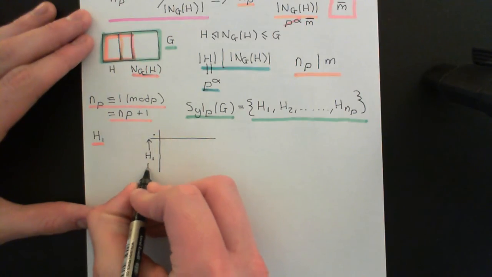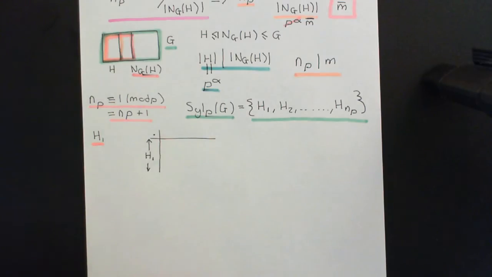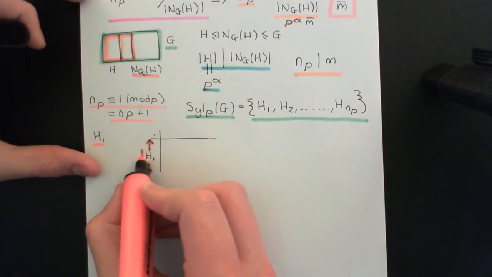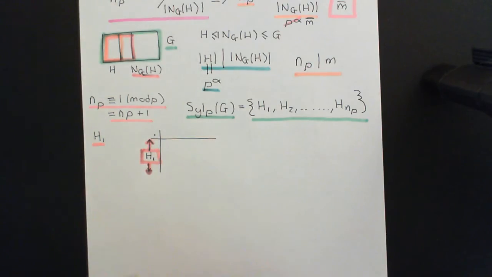So here now is our Sylow p-subgroup of capital G. We've got rid of loads of rows in the group action composition table, and now we've just got the elements of the group that are actually in this Sylow p-subgroup, capital H1.